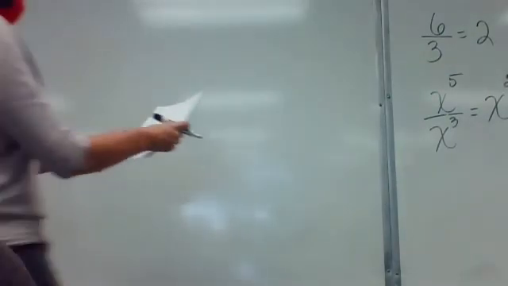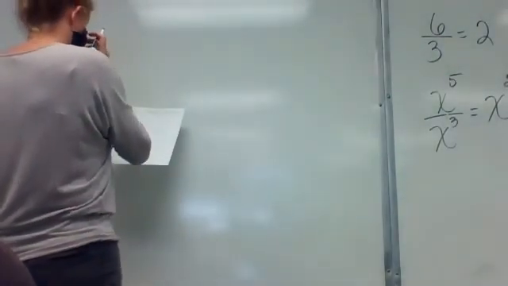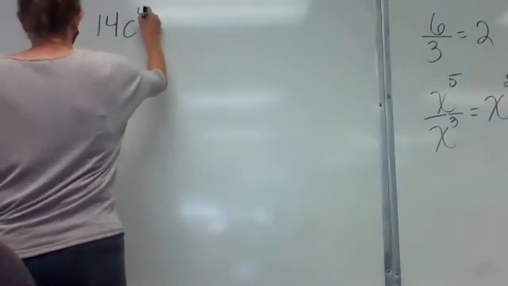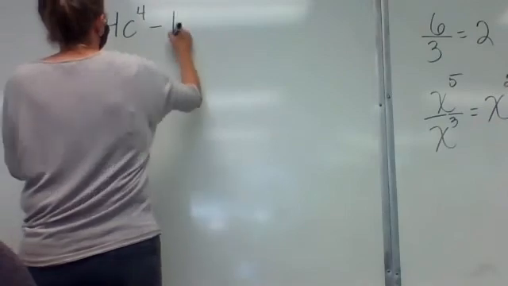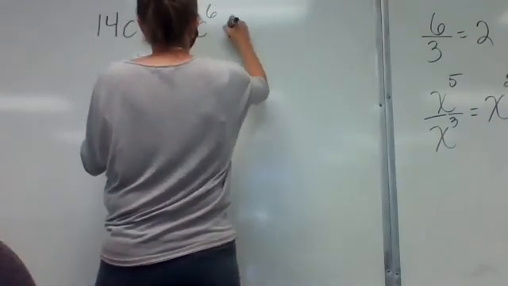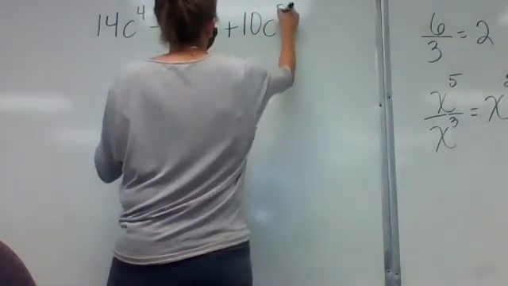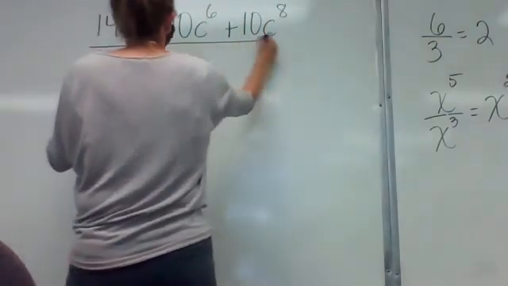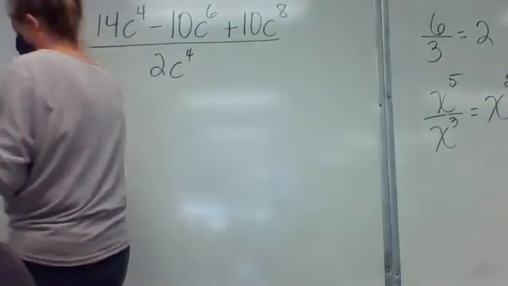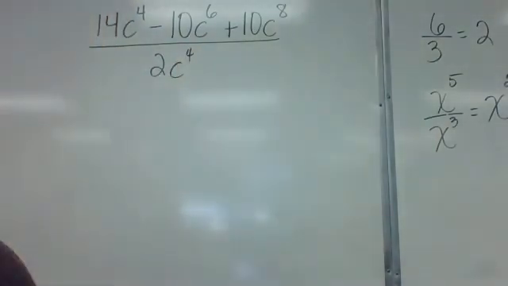(14c to the 4th) minus 10c to the 6th plus 10c to the 8th over 2c to the 4th. So who is everybody's denominator? 2c to the 4th.